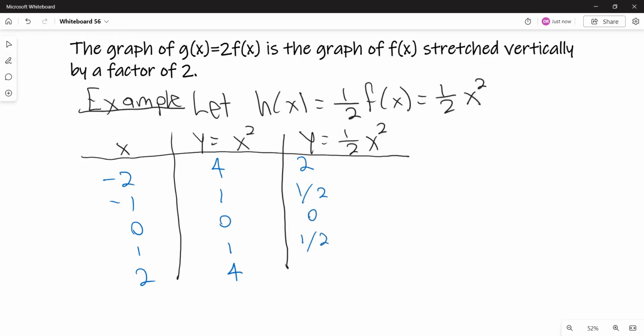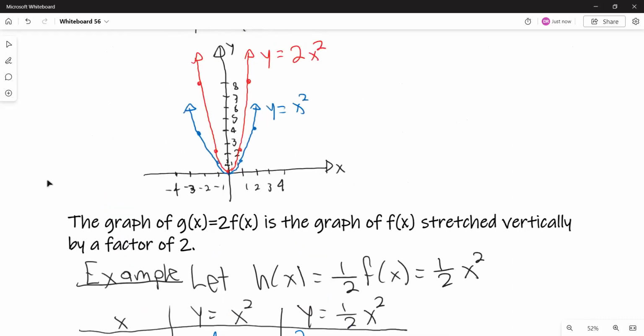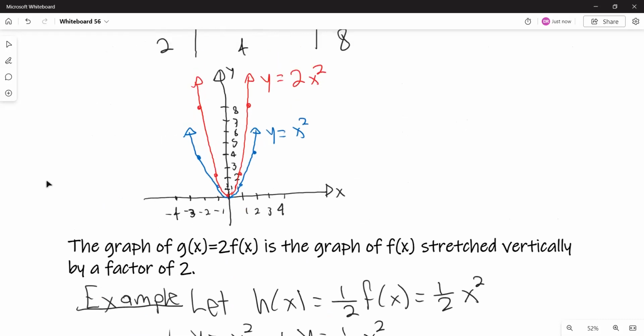And then we have 1/2 and 2. And this is what I'm going to do. I'm going to copy this graph with it and compare the 3 graphs. So we're going to copy all that.